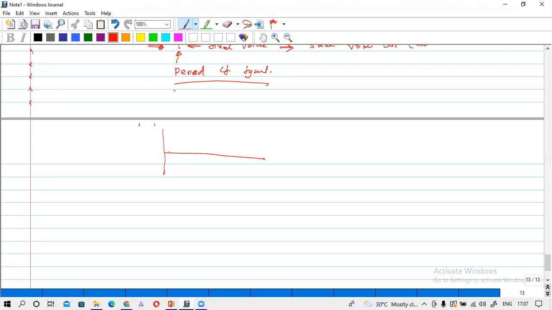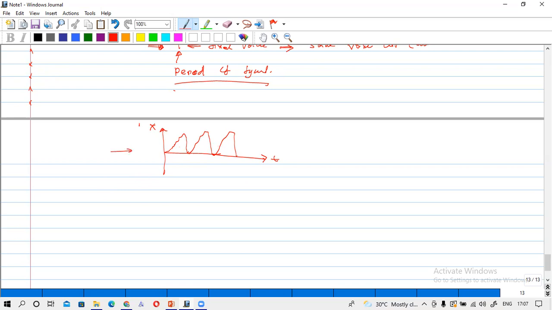Now I will take another, repeating signal. It may be a signal like this. Let's say this is x and this is t. This is a repetitive signal.